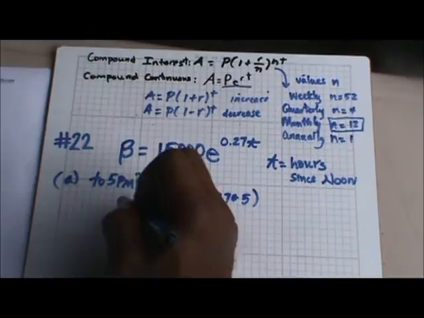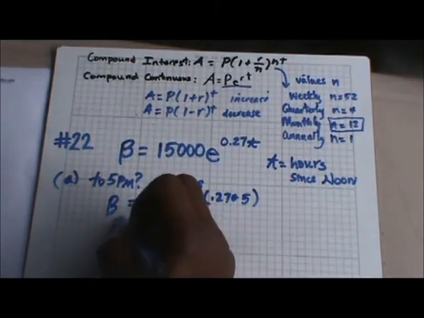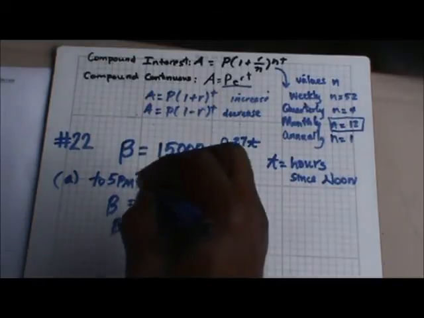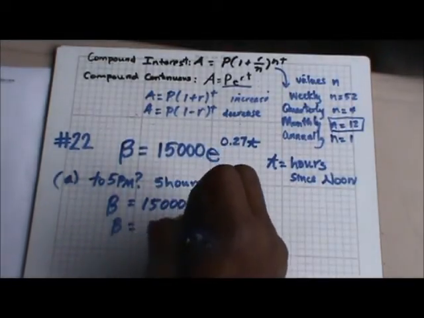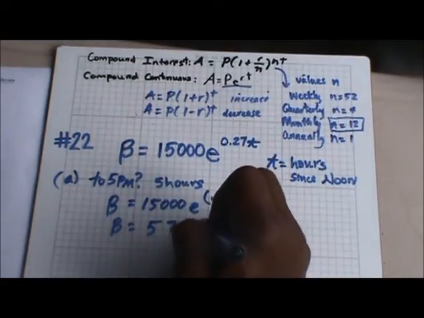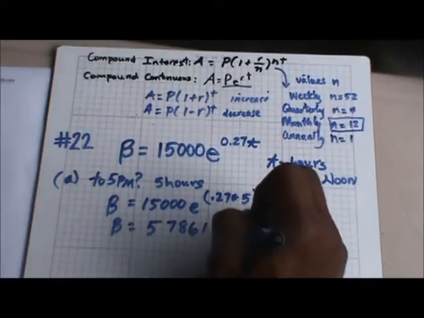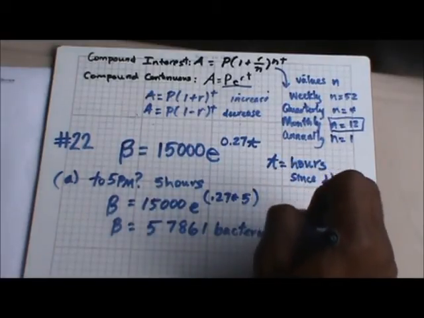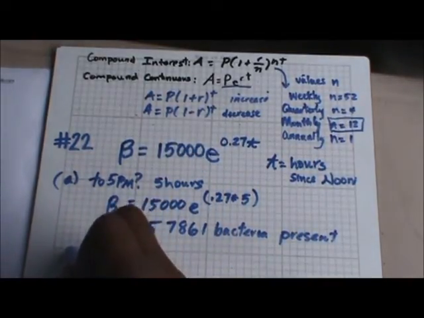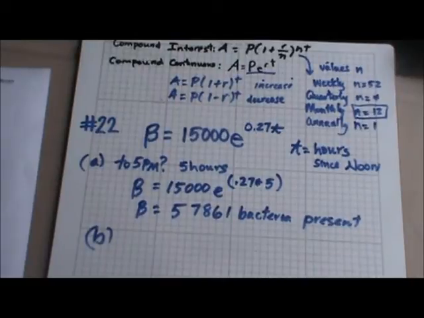If we punch that into the calculator correctly, going 15,000, hitting the second natural log, and keeping 0.27 times 5 in parentheses, we should end up with 57,861 bacteria present. There's A. And then B.